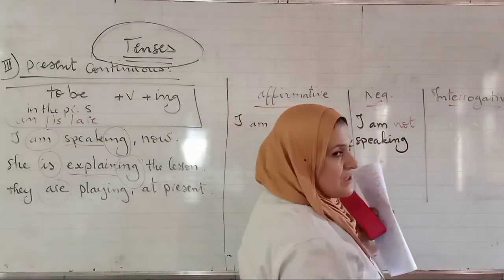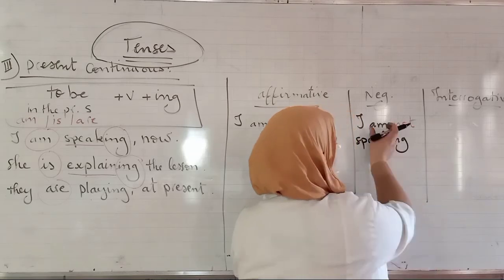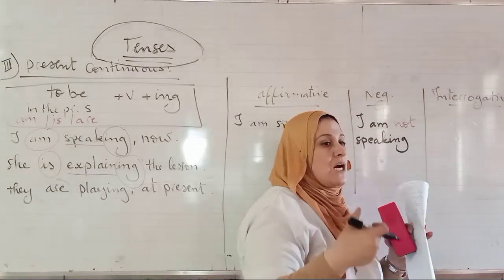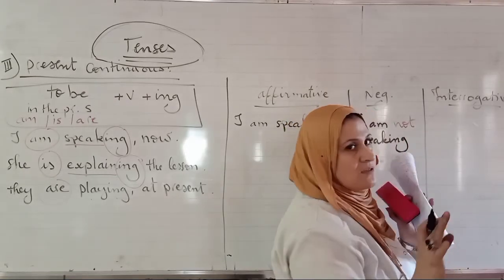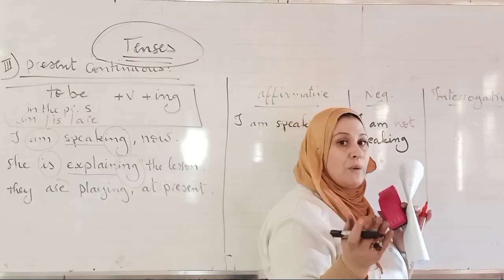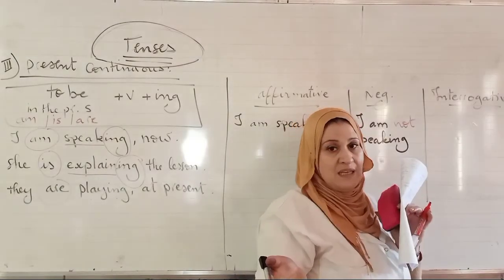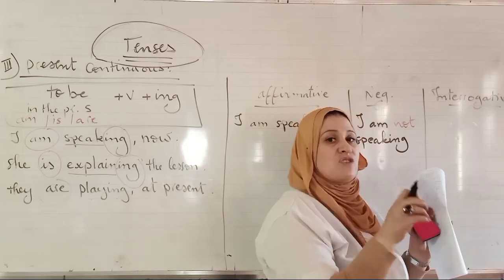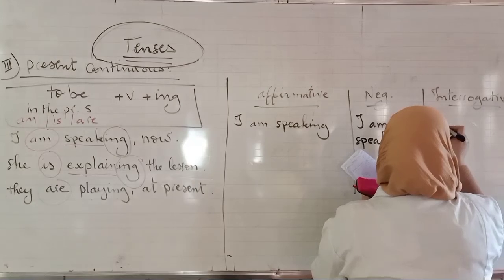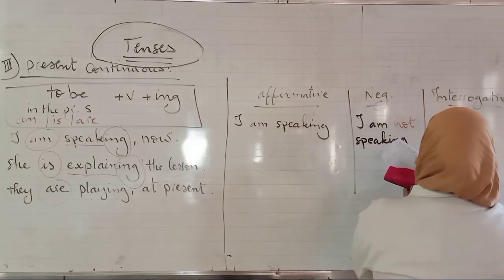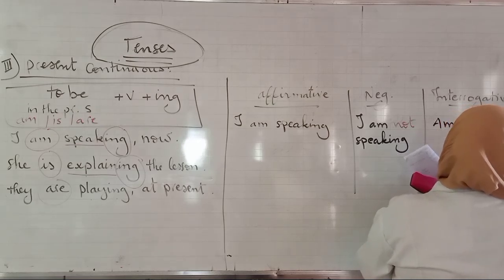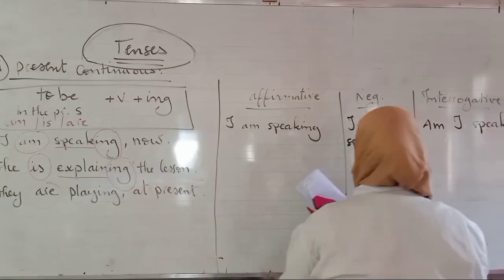So, concerning the interrogative form too. What do I do? I reverse the subject with the verb, which is the auxiliary. Of course, I don't use the auxiliary to do as we do in other questions. So, in perfect and in continuous, we use the auxiliary itself that is used in the tense. So, here we say, am I speaking? And question mark.